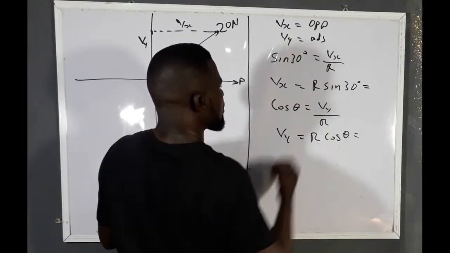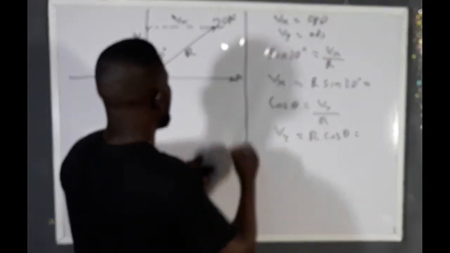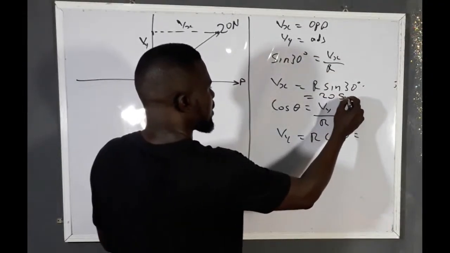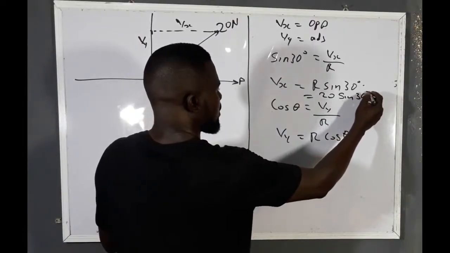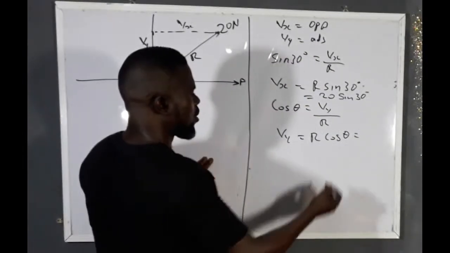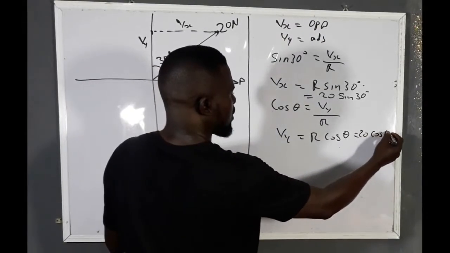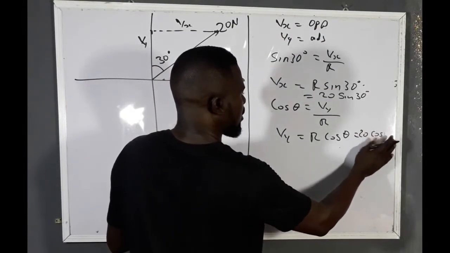This one is equal to 20 sine 30 degrees. Let me write it here for clearer view. 20 sine 30 degrees. This one will be equal to 20 cos 30 degrees.